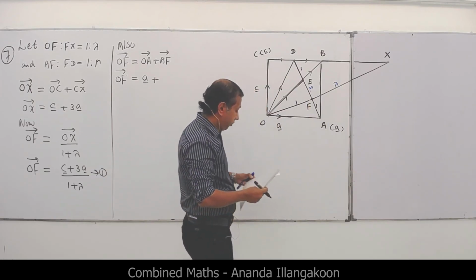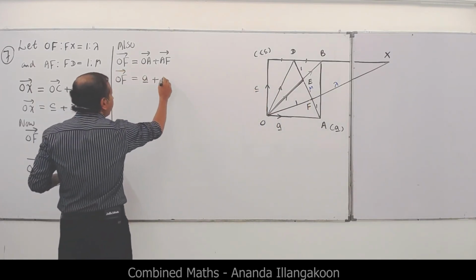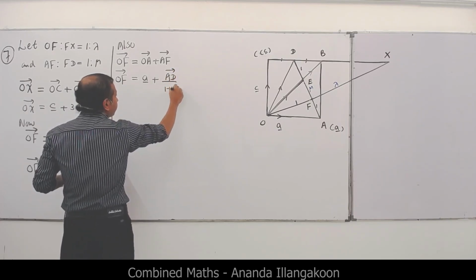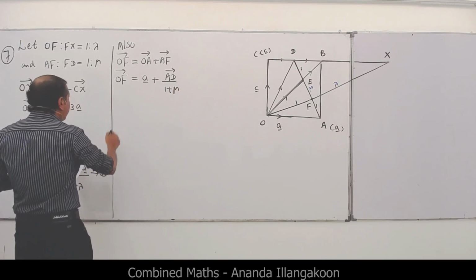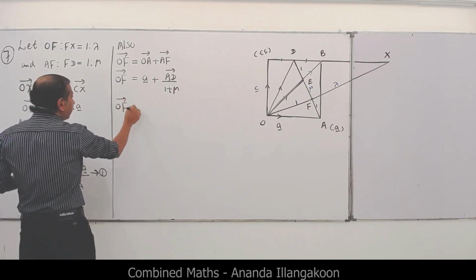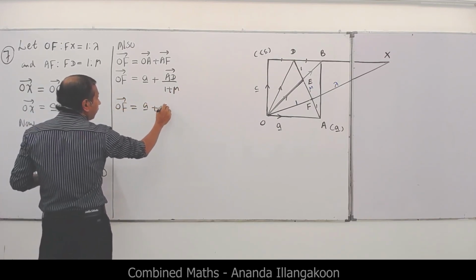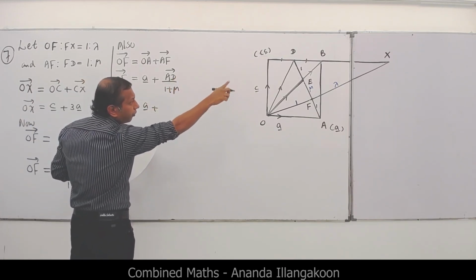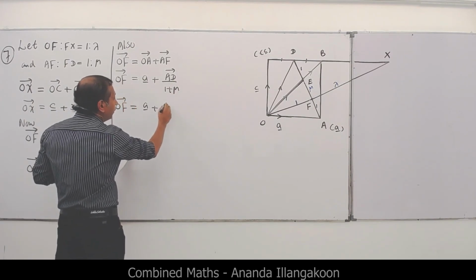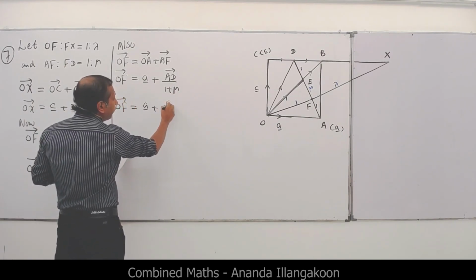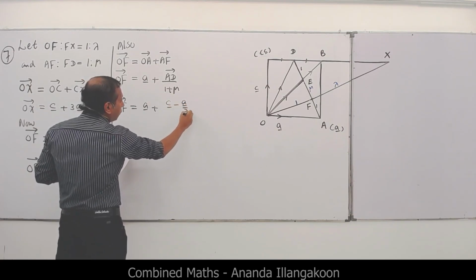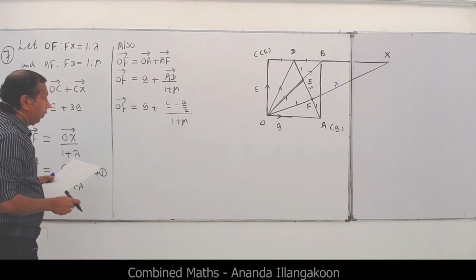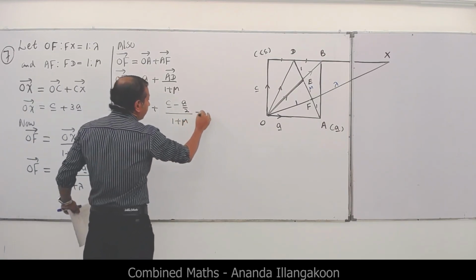Then we can write AF vector as AD vector divided by 1 plus mu. Right. Now OF vector is equal to a vector plus AD vector, which is AB plus BD. AB is c, BD is minus a by 2. So therefore we can write c minus a by 2, divided by 1 plus mu. Okay, this is the second vector equation.